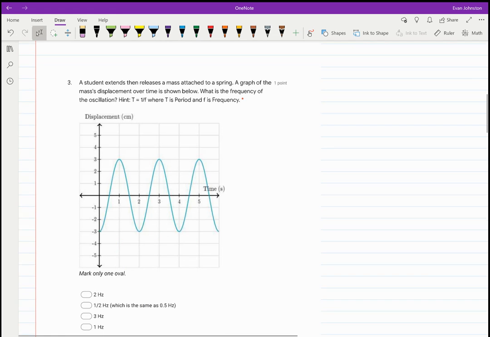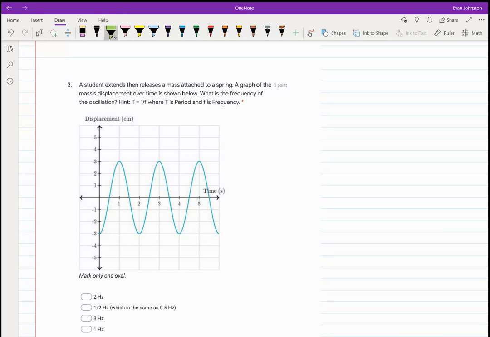So let's look at the questions themselves now. First one, we have this graph. What is the frequency? That's all it's asking. I could pick any 2 points. I just like to pick the first one and then find what repeats again. But if you wanted to be awkward about it, you could pick any position. So let's pick right here. We're at our maximum negative amplitude, and maximum negative amplitude again.